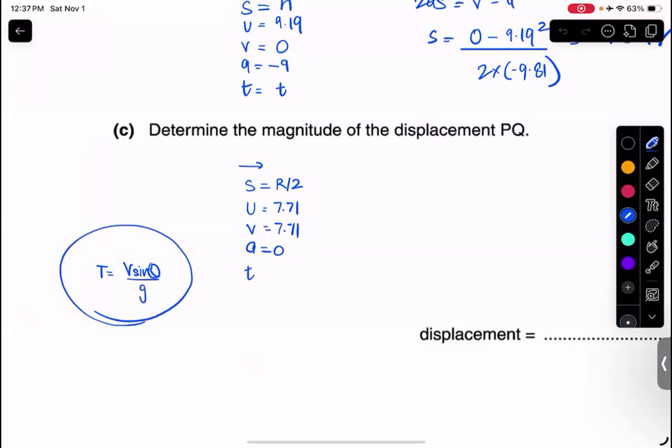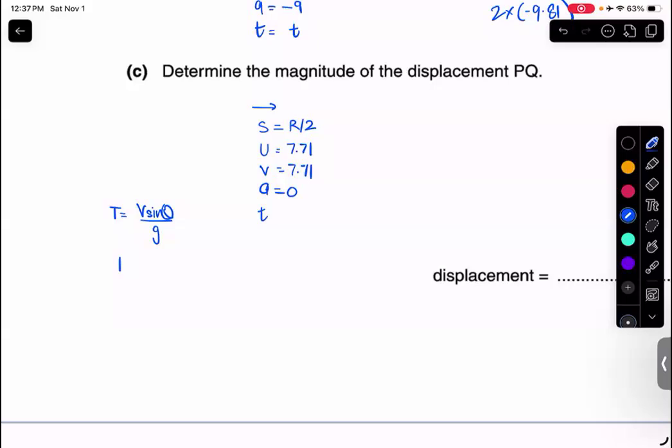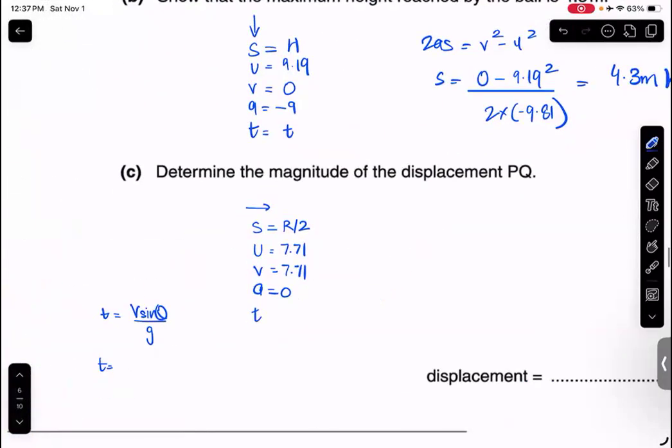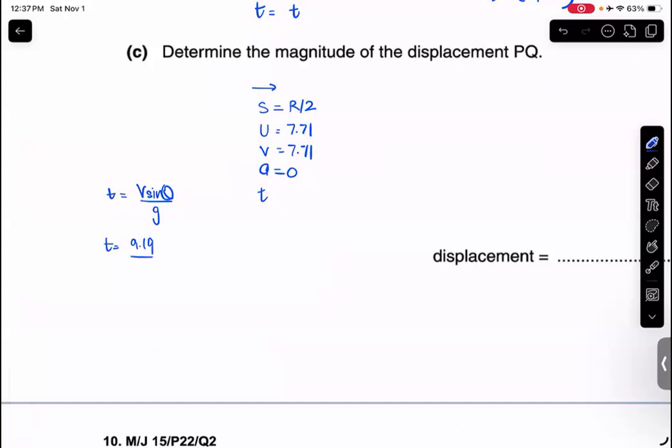How did I get this? You can imagine I wrote all the S, U, V, A, T, and then I got the equation of motion and then I substituted that. Or eventually, once you solve enough questions, you will just memorize the expression for time. This is small t by the way, for half of the journey to reach maximum height. You will see that V sine theta was what? That's just 9.19 over 9.81.